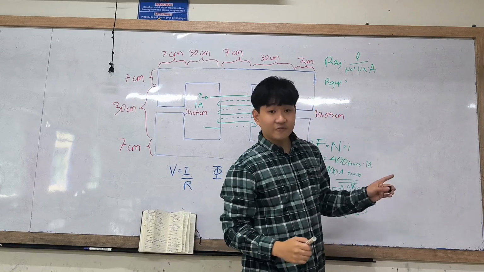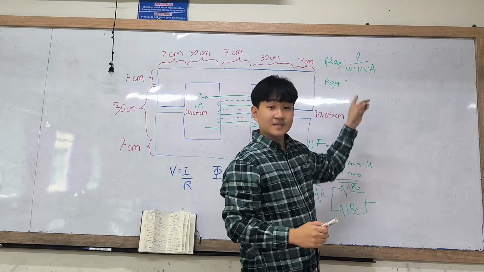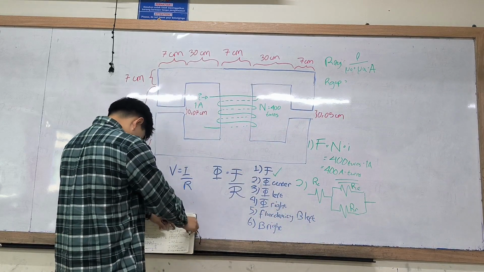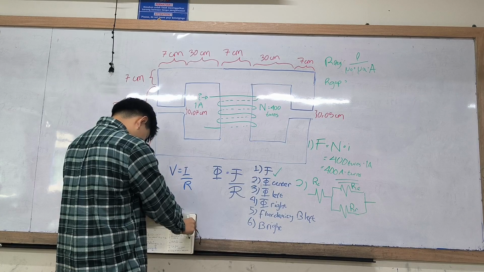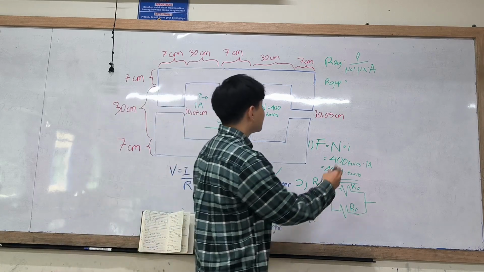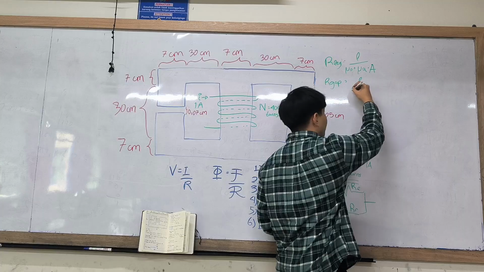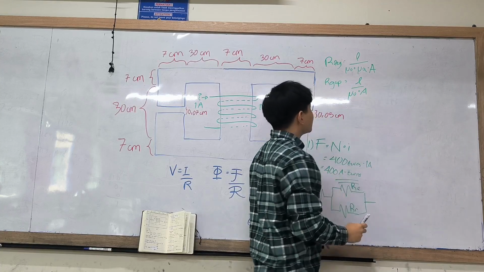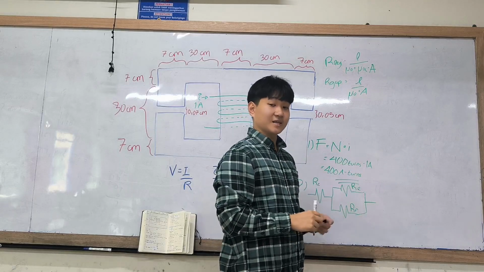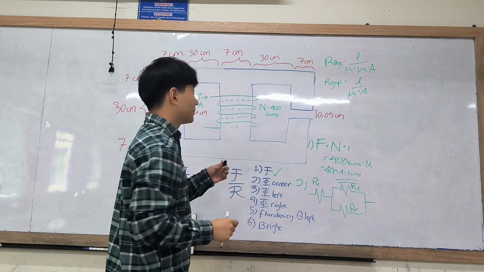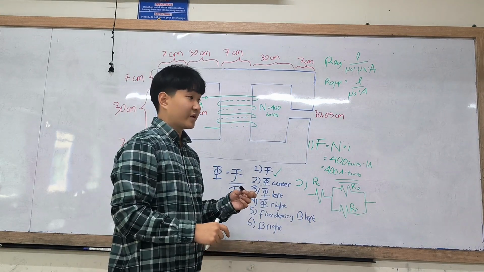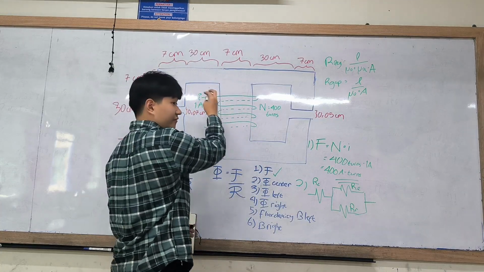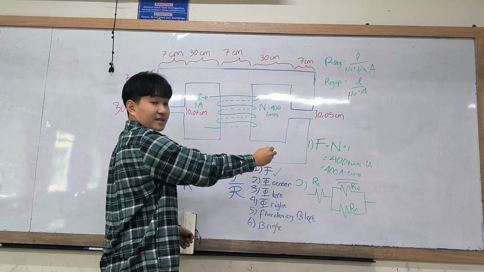This is the formula for reluctance leg, and the formula for reluctance gap is length divided by permeability of free space multiplied by area. So this implies that we have to find the area. We have to find the area for the center one and for the left and right leg.